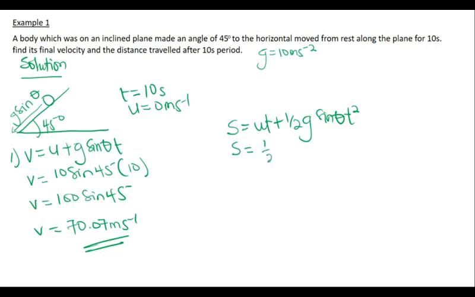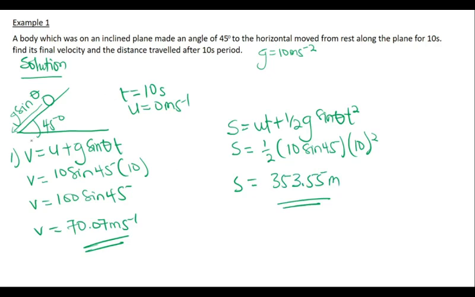So we have half times 10 sine 45, times our time, 10 squared, which is equal to 353.55 meters. So the distance along the plane that the body moved downward is 353.55 meters.